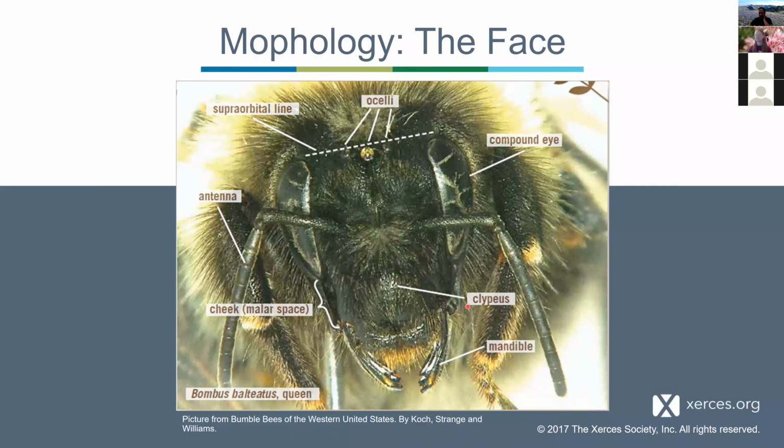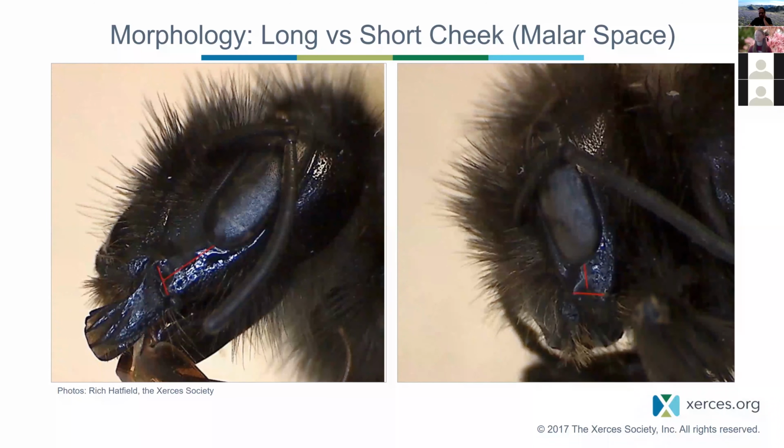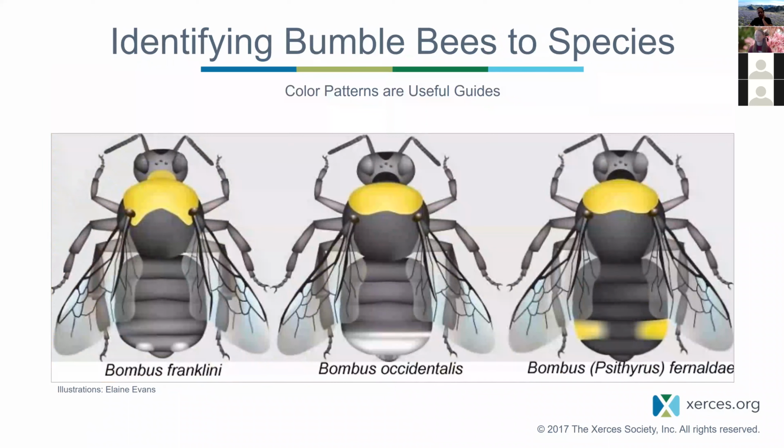And sometimes we use that to identify different close lookalike species. So for example, here's a long-tongued bumblebee, which has a very long cheek, and here's a short-cheeked bumblebee, which has a very short cheek. But as I said, mostly we're going to be looking at color patterns to identify bumblebees.